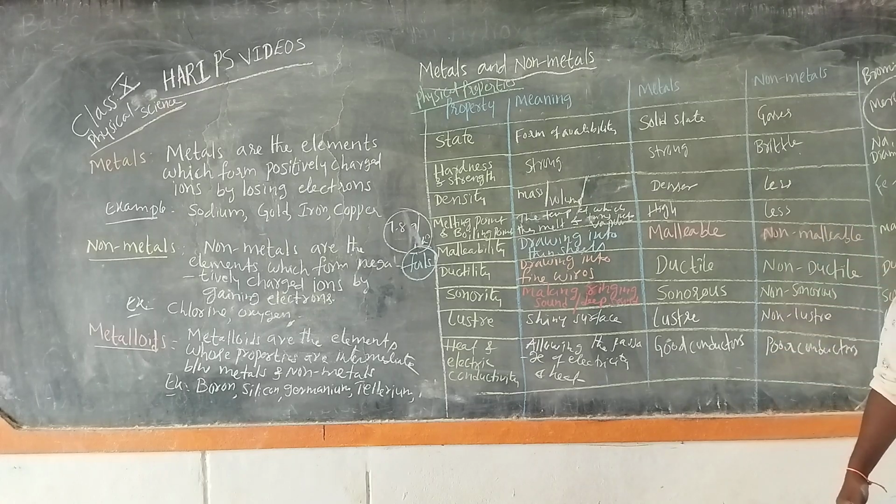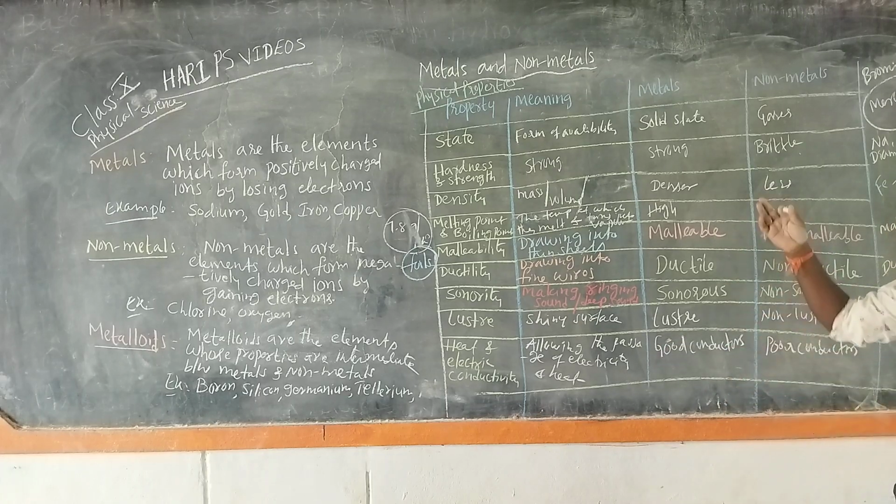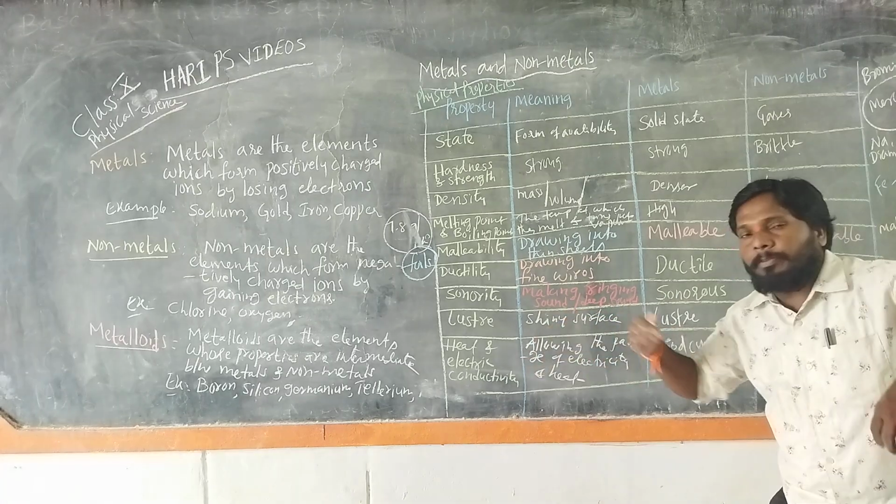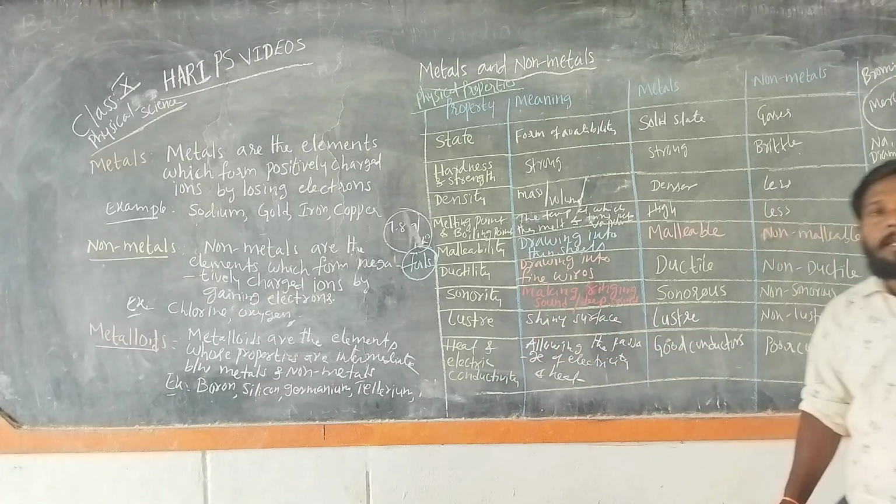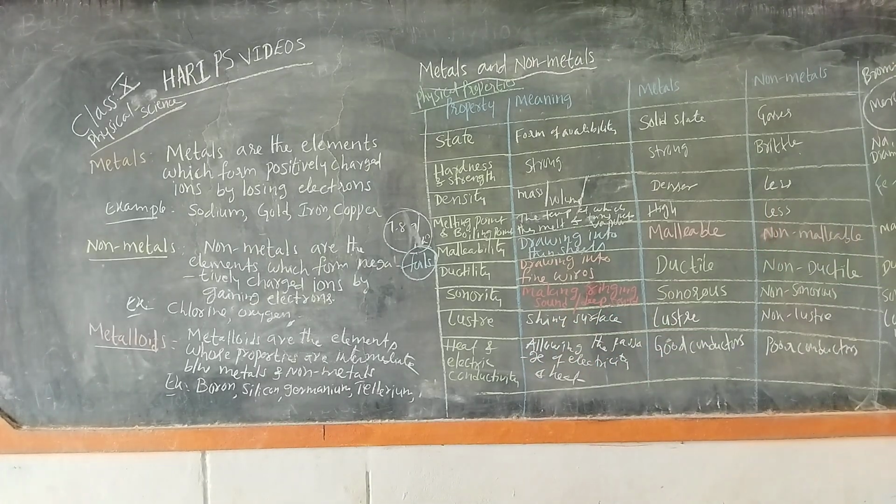Metals are good conductors of heat and electricity, whereas non-metals are poor conductors. Due to this property, electrical appliances and cooking utensils are made of metals.